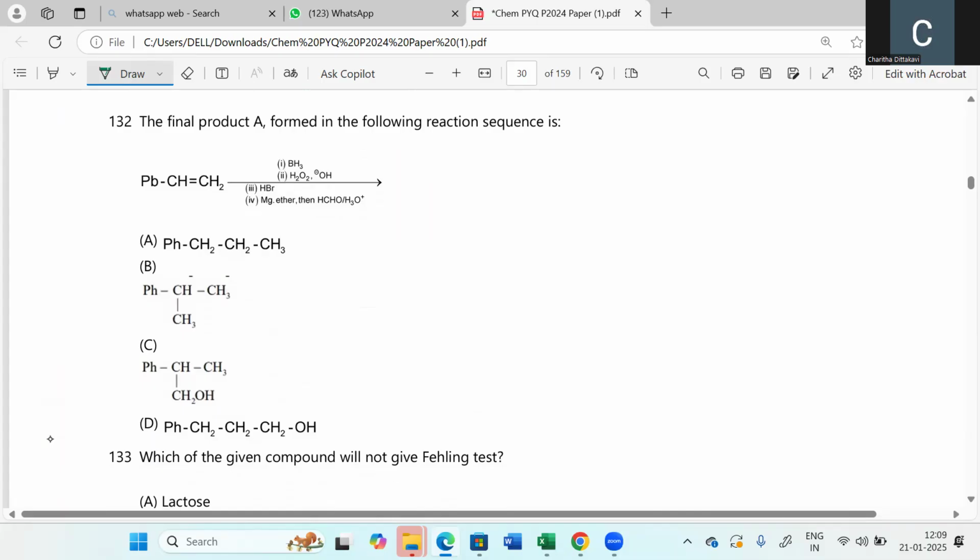H2O2 peroxide and BH3: anti-Markovnikov rule, AMO rule. Remember this part. BH3, boron hydrides are visible. B2H6 dimer will form. BH3 is shown, so you can go with B2H6 in the presence of H2O2, a peroxide. Peroxide will definitely go with your AMO rule. What will you write for the AMO rule? PB CH double bond CH2, right? In the anti-Markovnikov rule, you have to add your water molecule as well. And sorry, HBr we will add first.